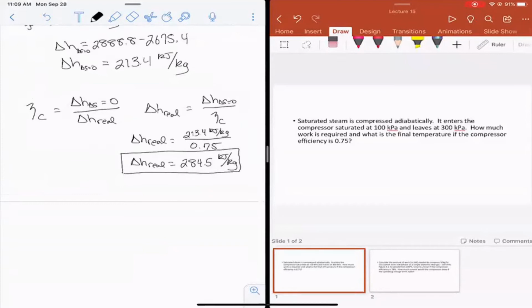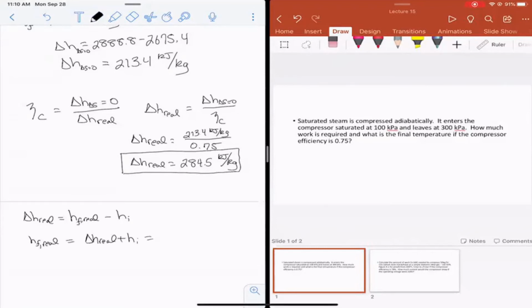In this case, now if you think about it, we actually know the enthalpy in the final state, because delta H real is just equal to the enthalpy at state 2 minus the initial enthalpy. And I didn't use 1 and 2 before. I kind of used final and initial, so I'll keep that here. So we know that the final enthalpy is equal to delta H real plus the enthalpy of the initial state.